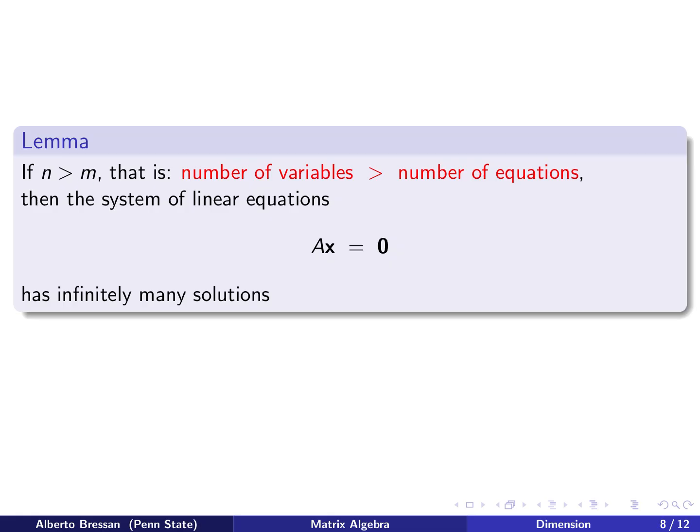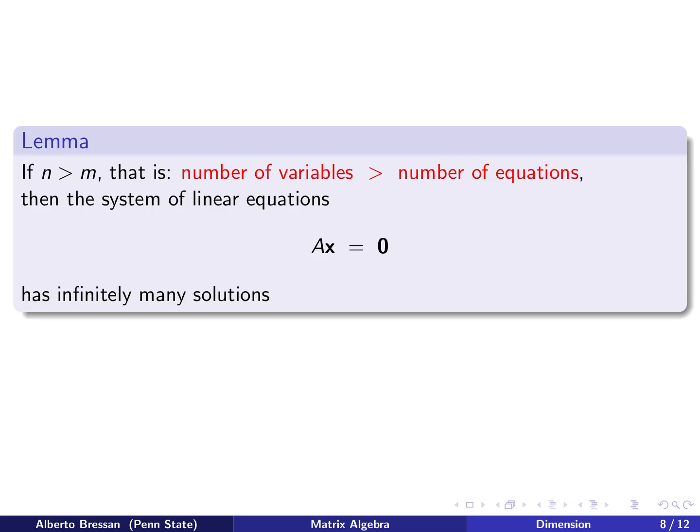So in that case, if we consider what we call the homogeneous linear equation, the system Ax equals 0, then this one will have infinitely many solutions.